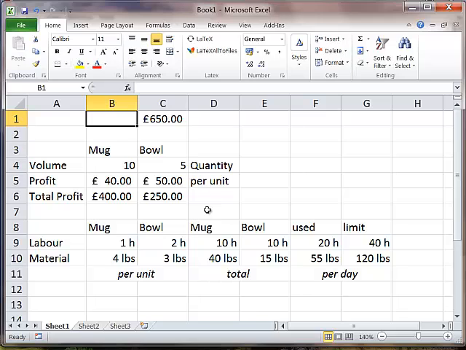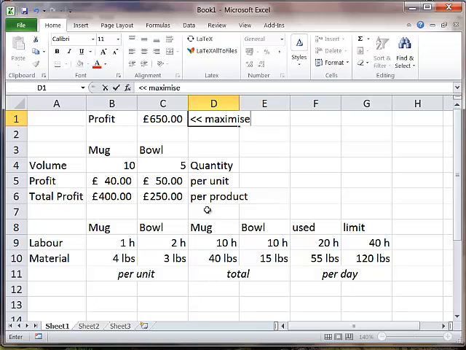Here we are. So this was profit per unit, profit per product, and total profit. So this is what we want to maximize.